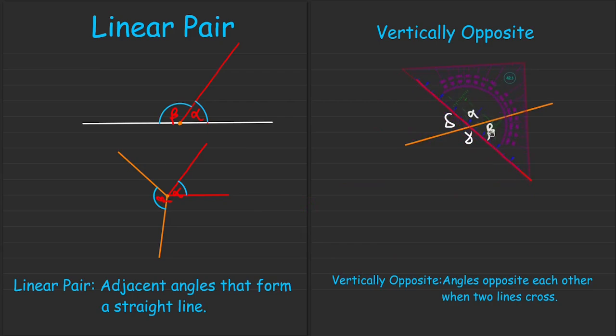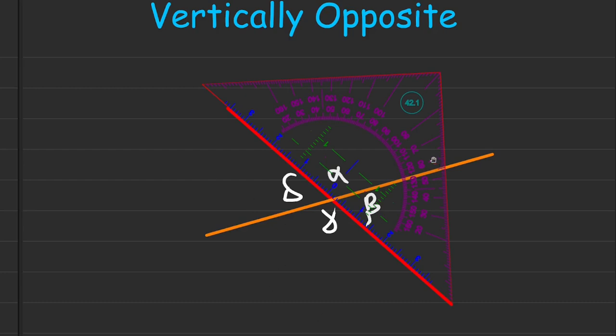If I measure the angle alpha, using the inner calibration, we have about 126. That is for alpha. Now let's come all the way and measure delta. Using our inner calibration, it also falls on the same measure. So we can confirm that alpha is equal to delta.